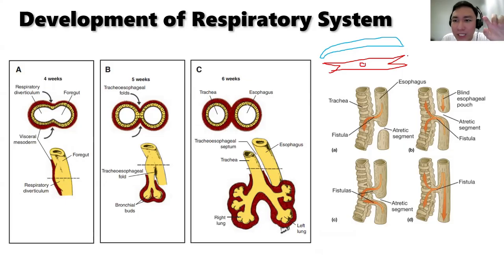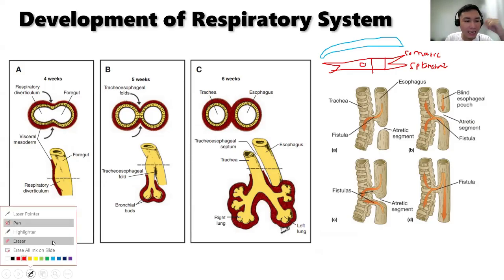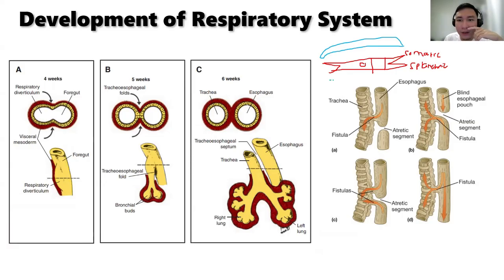So, your mesoderm, which is divided into 2, you have your somatic lateral plate mesoderm and your splanchnic lateral plate mesoderm. Yan yung 2 divisions ng lateral plate. Kasi di ba meron tayong paraxial, intermediate, and then yung lateral plate divided into somatic and the splanchnic. And then the innermost part ng ating embryo is your endoderm.